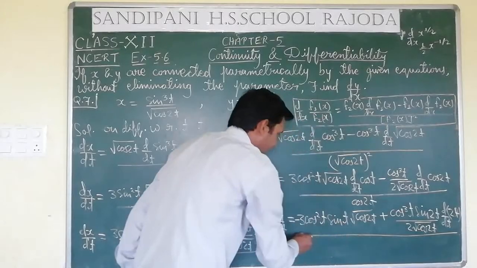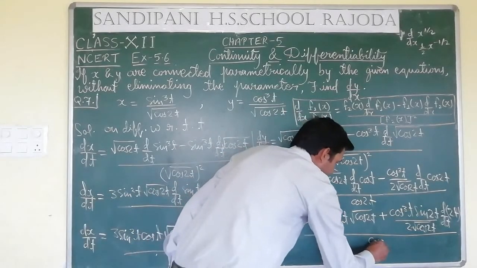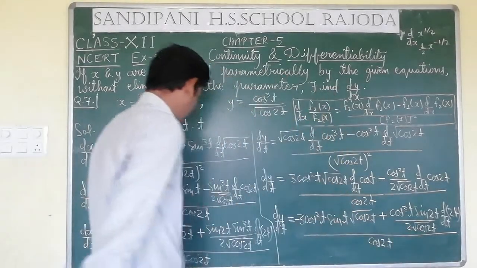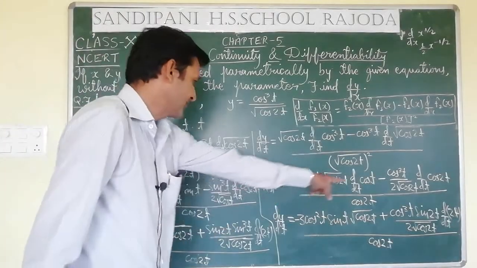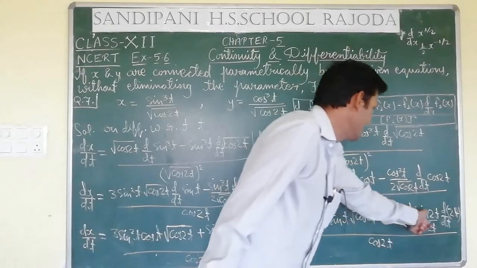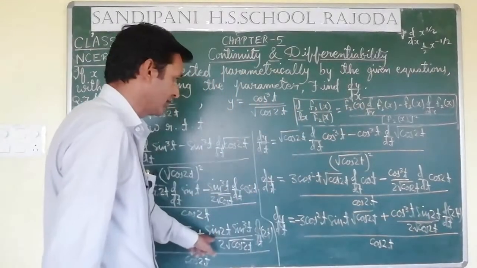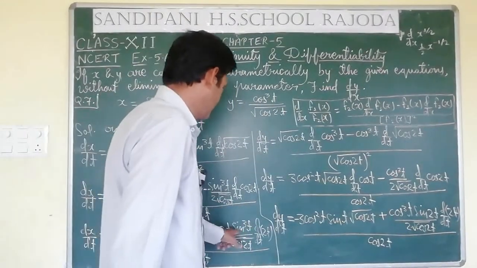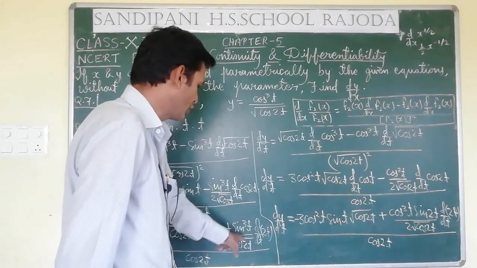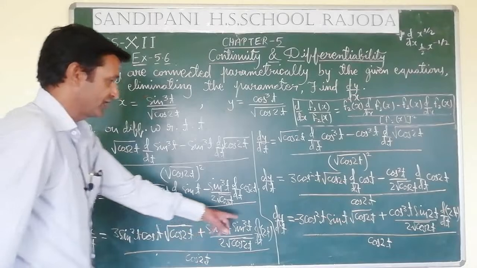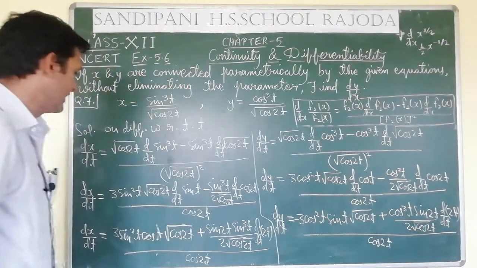Upon cos 2t. Both are the same concepts here. Here it is sin 2t, here also it is sin 2t, and then sin cube t is as it is, and in the denominator 2 root cos 2t is there. Differentiation of 2t will become 2 in the next step.